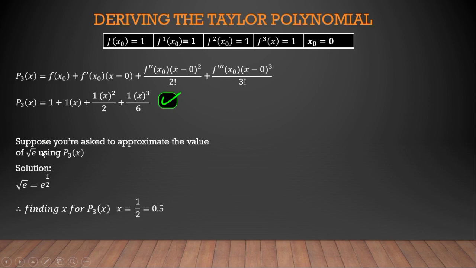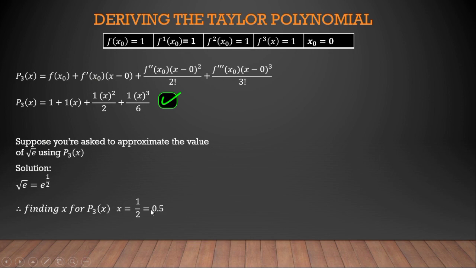We did not know what x was initially, so we generated a polynomial to approximate it. But still, we did not know what x actually is. So now that we have simplified this expression into 1 over 2, which can also be simplified to 0.5, it means that our x value that we plug into this equation is 0.5 to find the value of the square root of e.